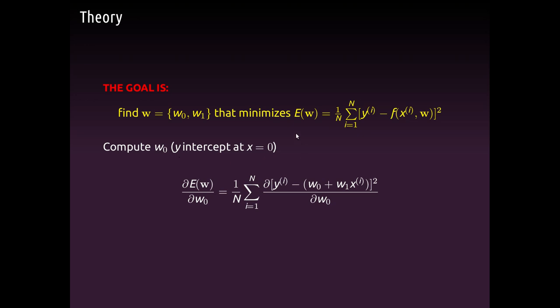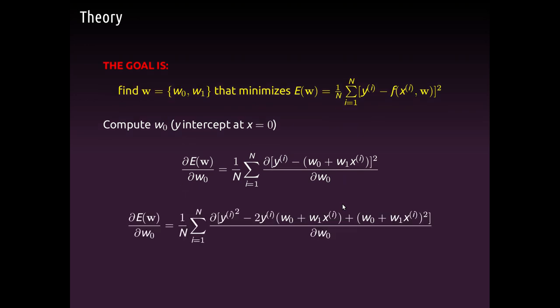So we compute the derivative of E of w. Here we have 1 over n with a sigma of this expression. We try to differentiate this value with respect to w0.